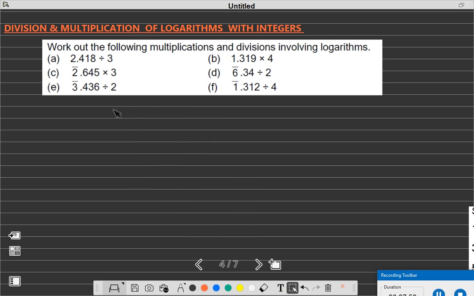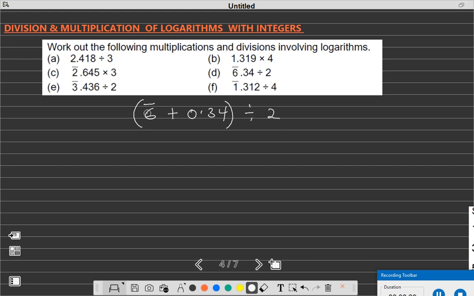Now welcome to part D. Now part D, we are dividing our log by 2, but I want you to understand here that we have a negative characteristic, that is -6, which is 6 bar, plus 0.34, and we are dividing it by 2.